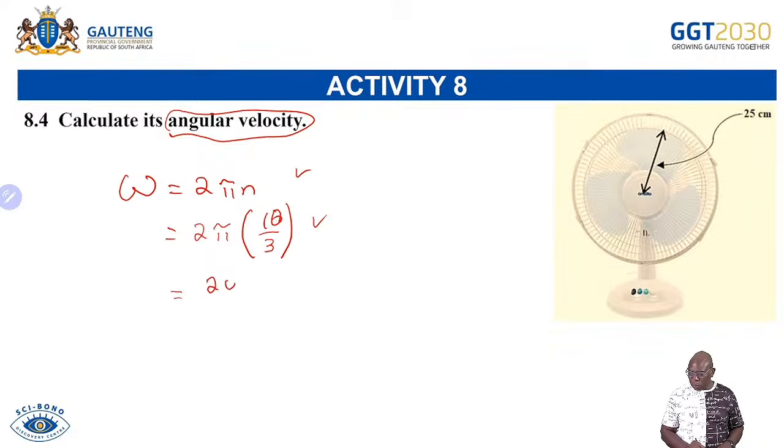So you get 20.92. Remember, angular velocity is in radians, because 360 degrees is in radians. It's radians per second, because this one is in seconds, right? So it's radians per second. Write down the units, please.